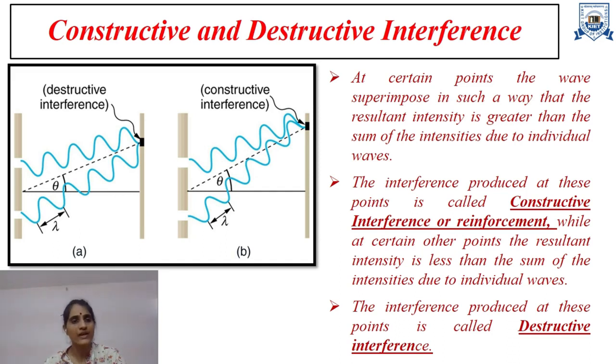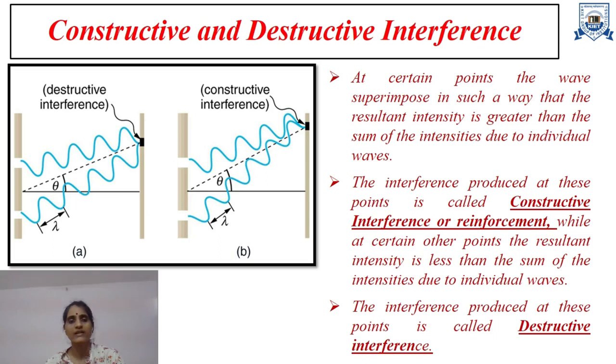In the destructive interference pattern, the amplitude is zero there because the crest and trough cancel out. Crest and trough meet together, so the amplitude is minimum, and therefore the intensity is very low, which gives rise to a destructive interference pattern.